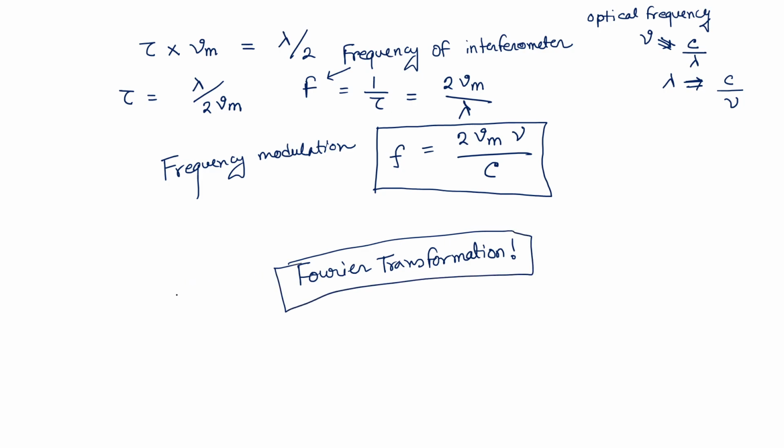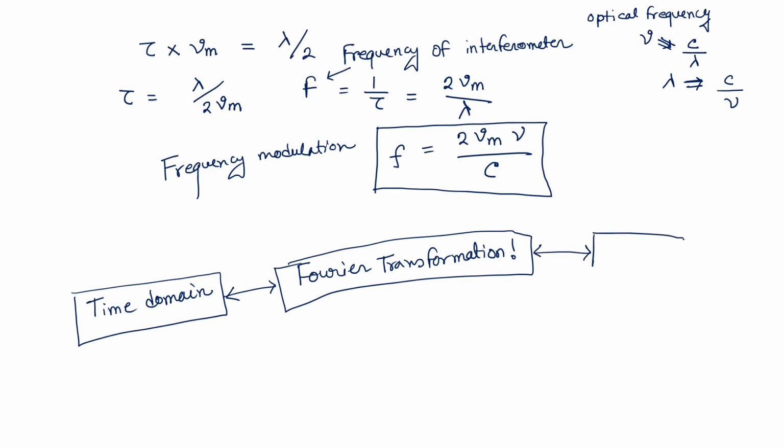So Fourier transformation is used to go from time domain to frequency domain or vice versa.